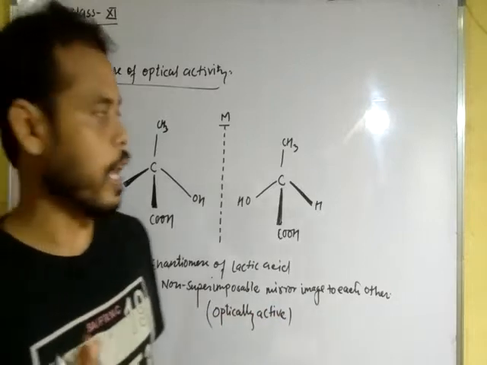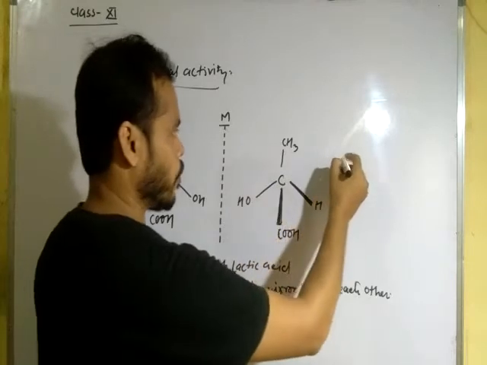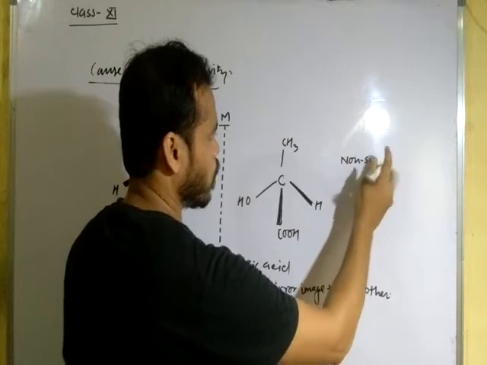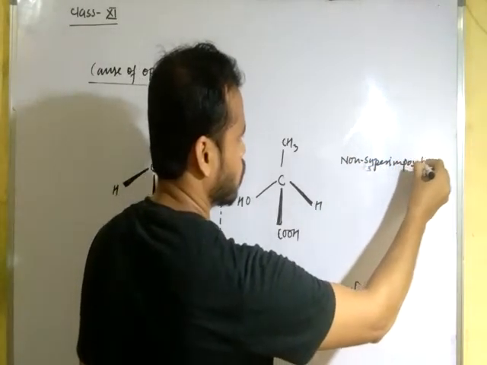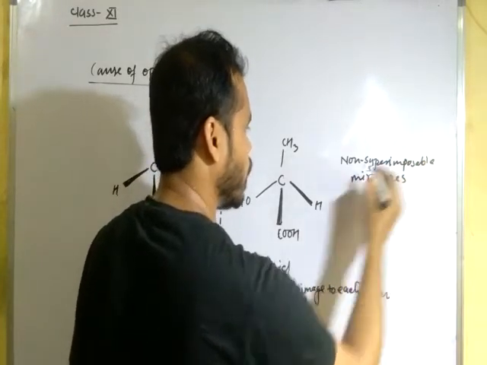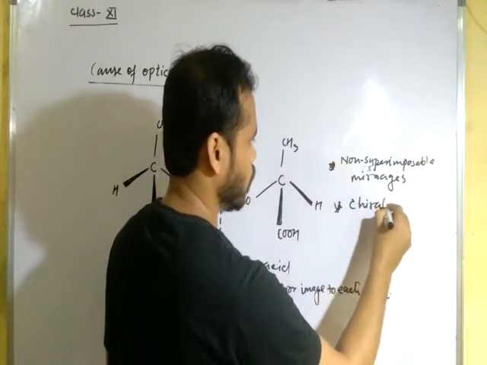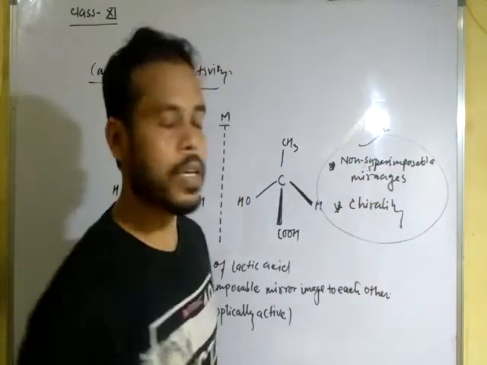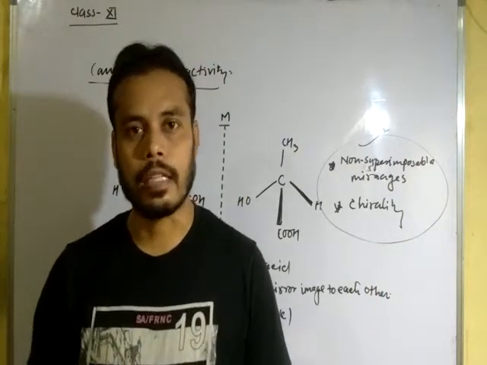That means two criteria should be in a compound: one is a non-superimposable mirror image, and the second is chirality. These are a must for any compound to be optically active.